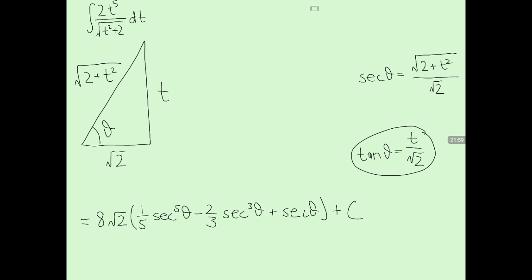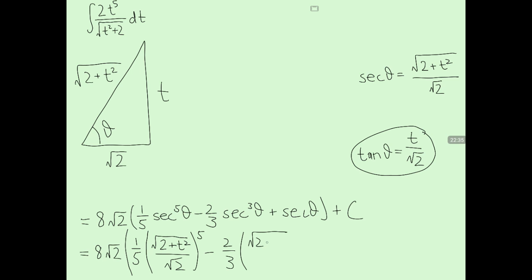So what we have as our final answer is going to be 8 times the square root of 2 multiplied by 1/5 secant theta to the 5th. So secant theta is just root 2 plus t squared over root 2, this to the 5th, minus 2/3 of secant theta again.